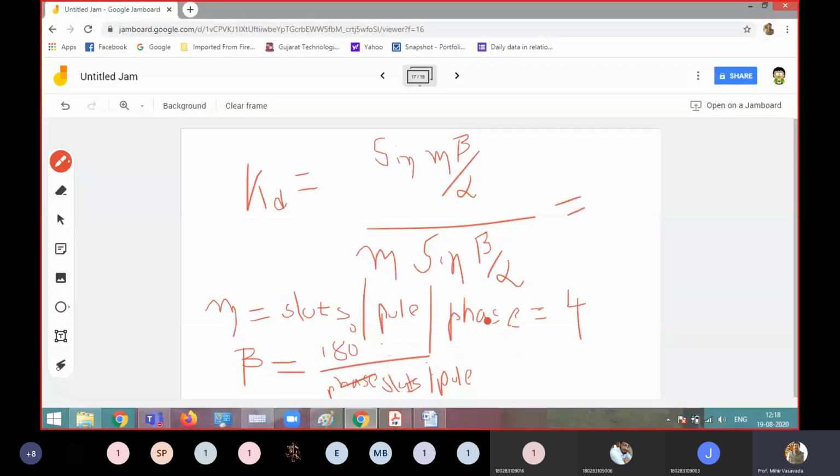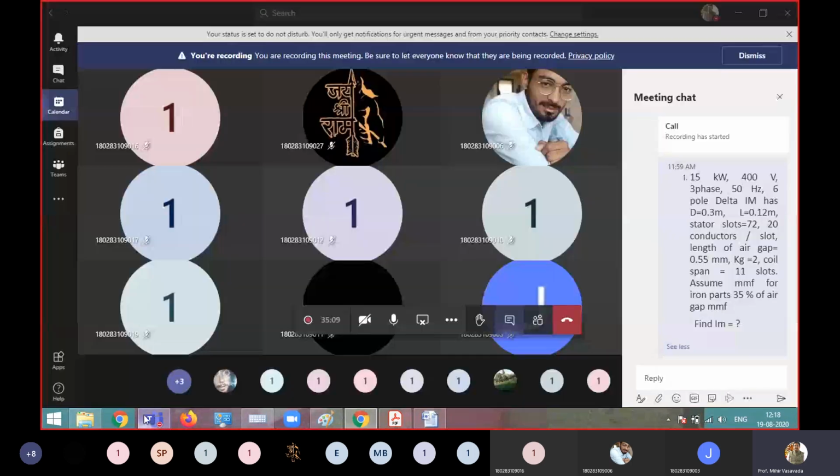And then you multiply Kp and Kd both to find out binding factor KWS. So write all answers Kp, Kd and KWS in chat box.